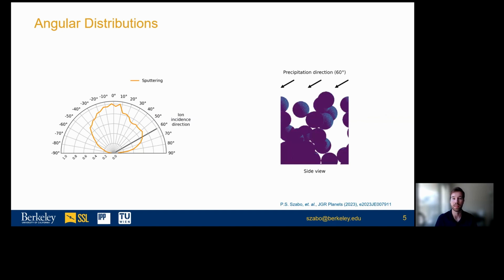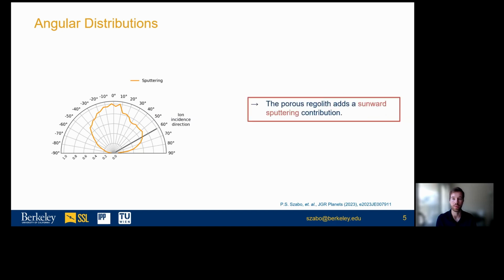And from those, it is easier to emit back into the sunward direction. So we get this additional sunward contribution also for the sputtering that contributes to the exosphere and alters how the exosphere gets populated as a result of the interaction with the porous regolith.